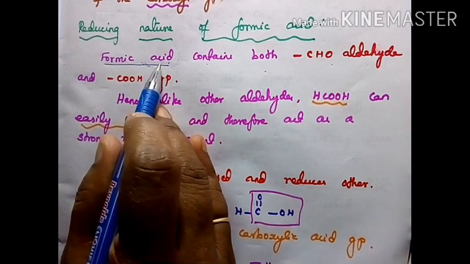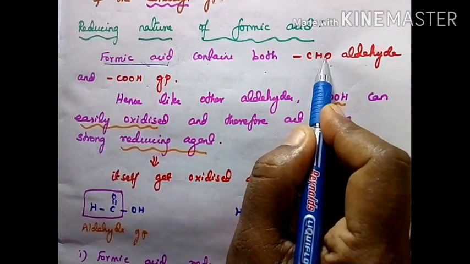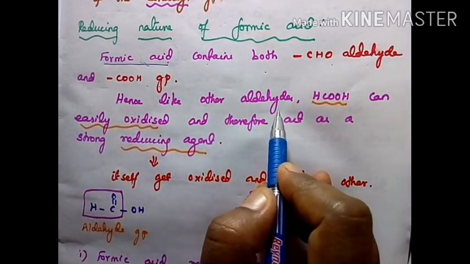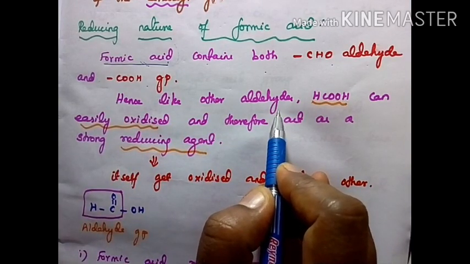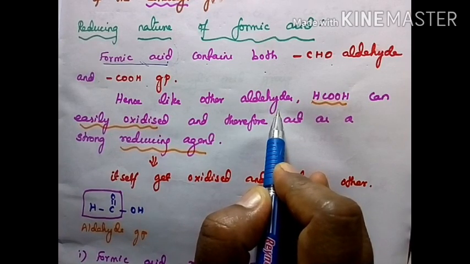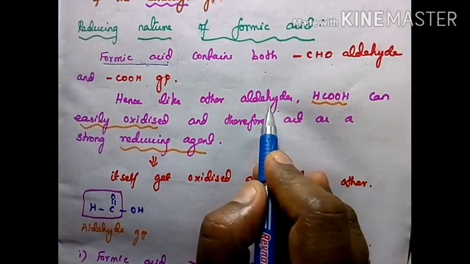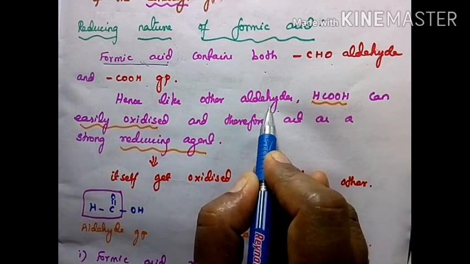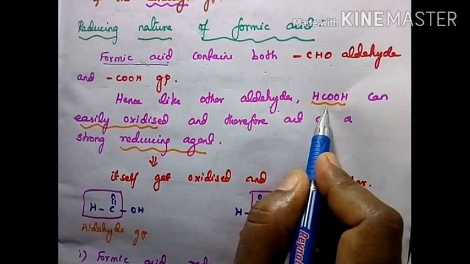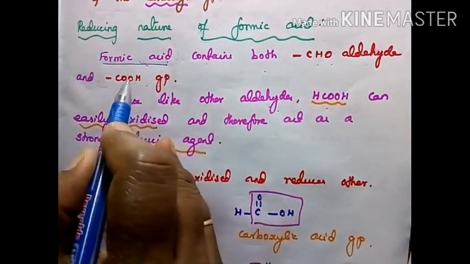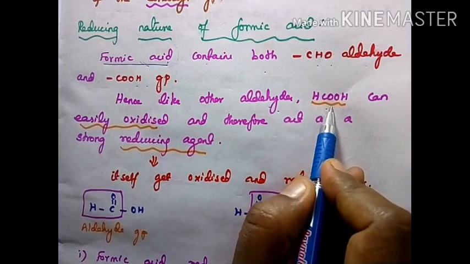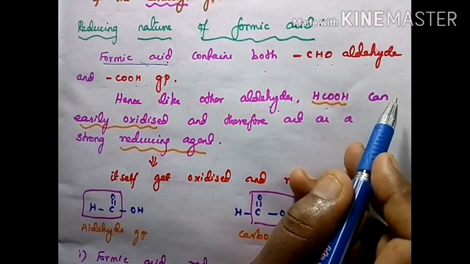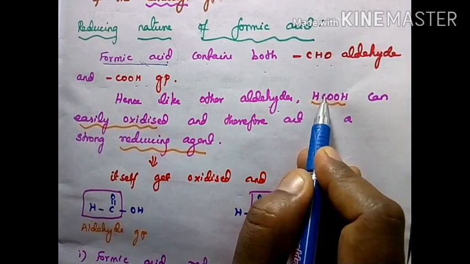Hence, like other aldehydes, what is an important property of aldehydes? That is the test for aldehyde: it has a tendency to reduce Tollens' and Fehling's solution. Since formic acid has both aldehyde and carboxyl groups, it has a tendency to reduce. A substance which reduces another thing is a reducing agent.